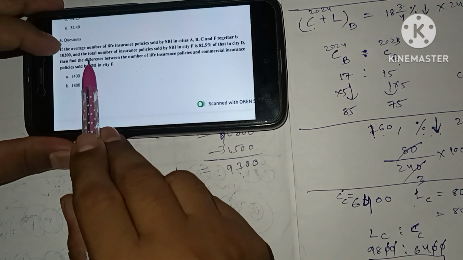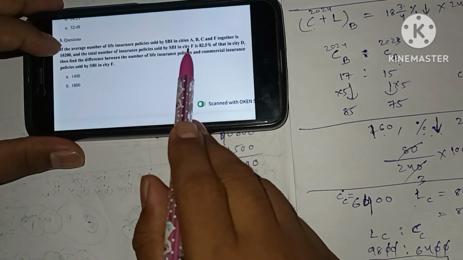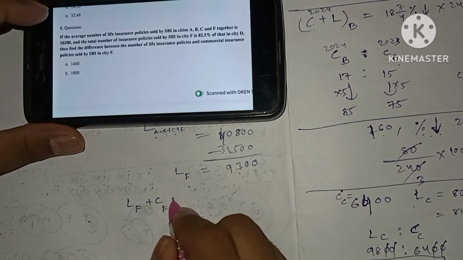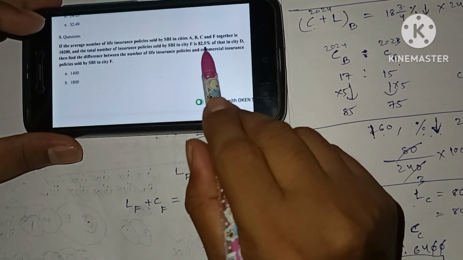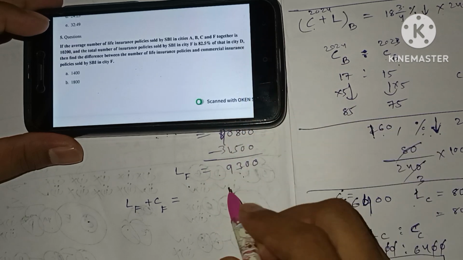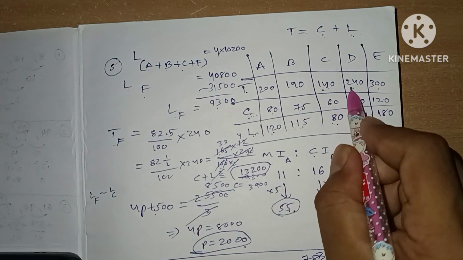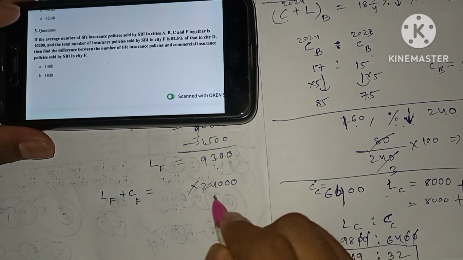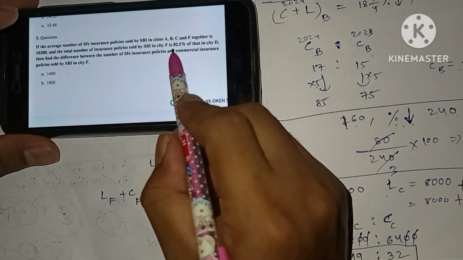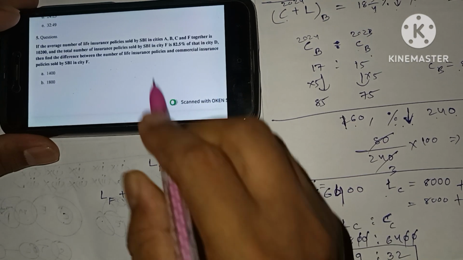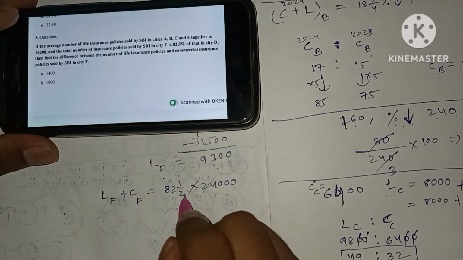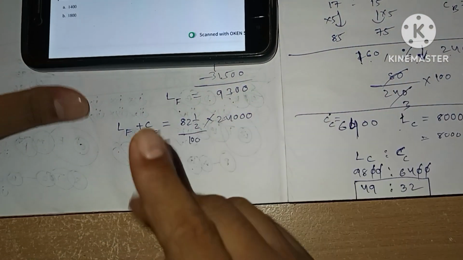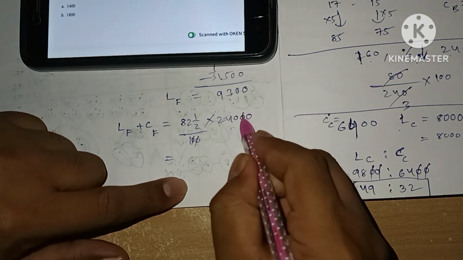The next statement says that the total number of insurance policies sold by city F, LF plus commercials in city F, is equal to 82.5% of city D. In city D we have 24000, the total value of D, and 82.5%. Let's take this as 82 1 by 2 percentage. Percentage means by 100, so double zeros cancel.